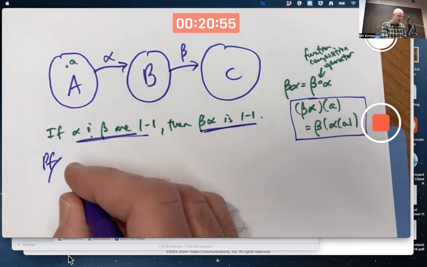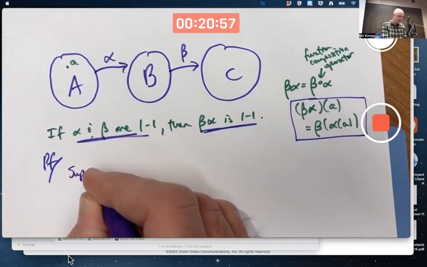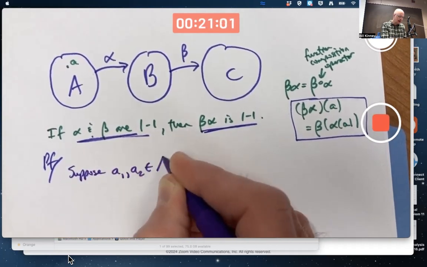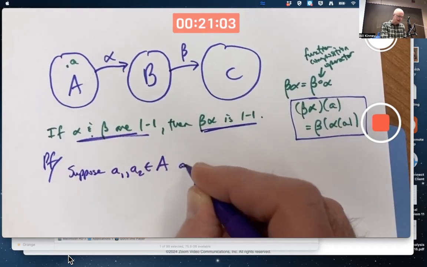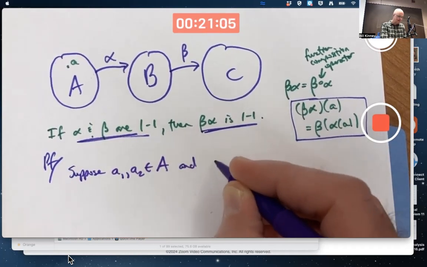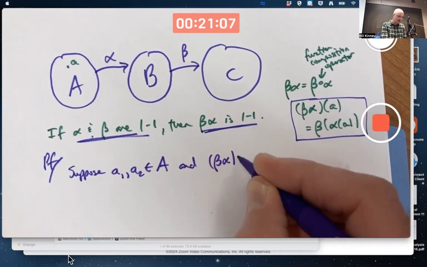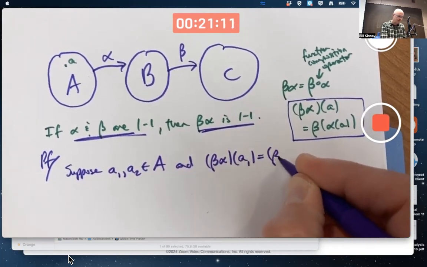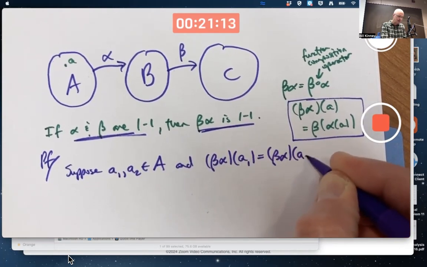So you could start by saying, suppose A1 and A2 are elements of capital A, and I'll use parentheses for extra emphasis, beta alpha of A1 equals beta alpha of A2.